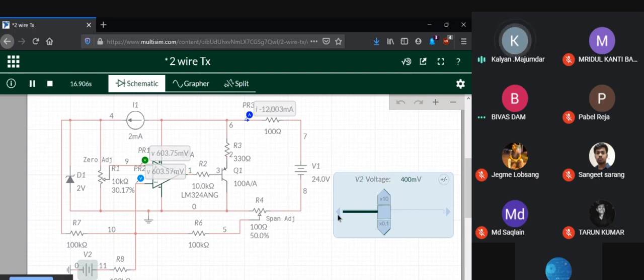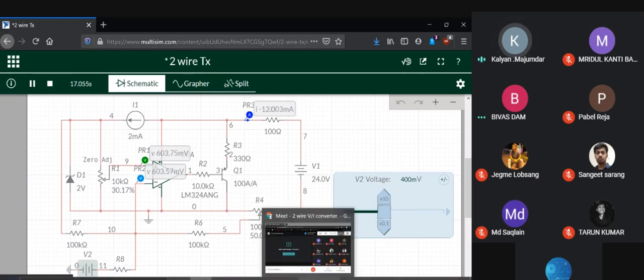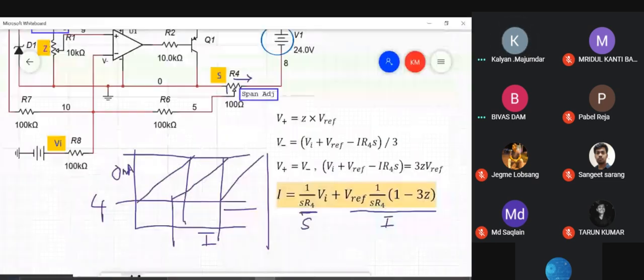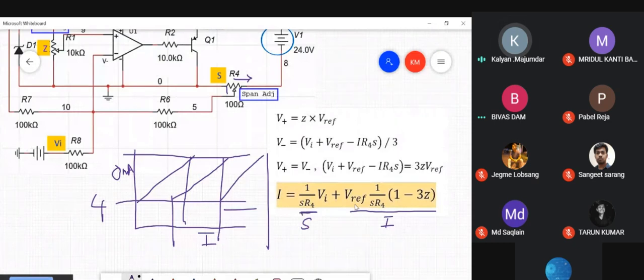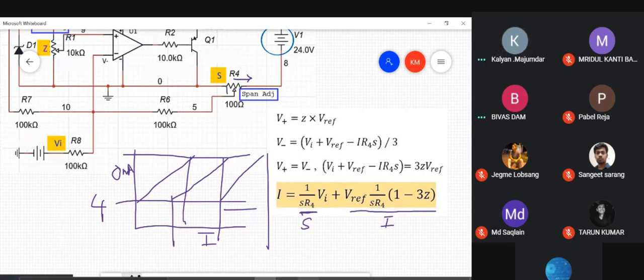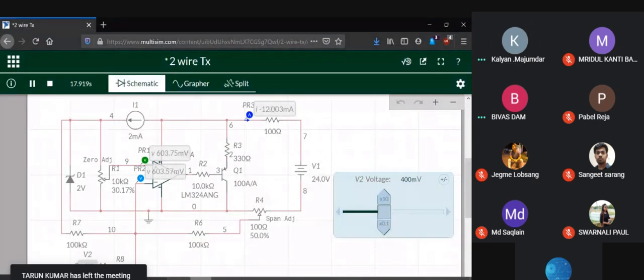So theoretically we found that the relationship between input voltage Vi and output current I is a straight line, a linear relationship, and it is being followed here, because 50% output corresponds to 50% input.